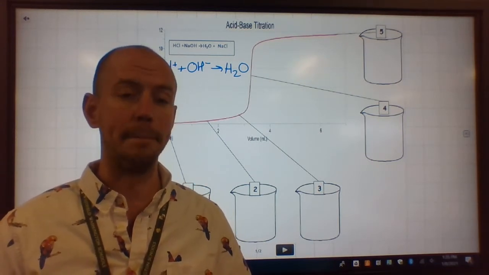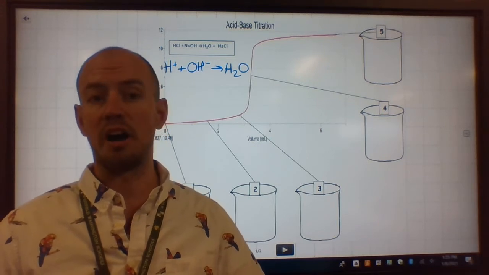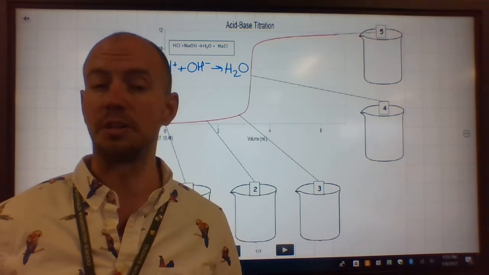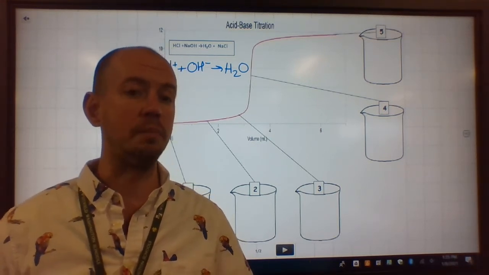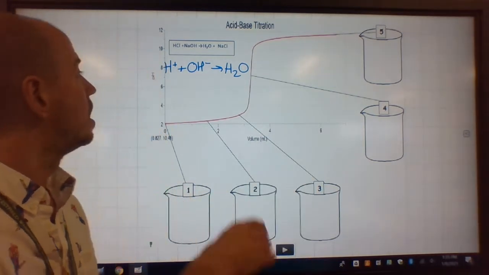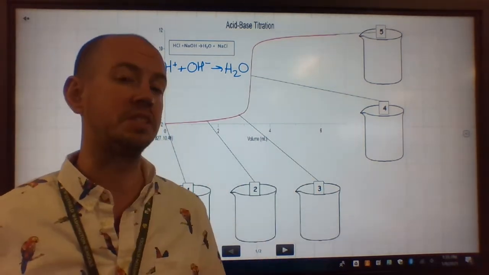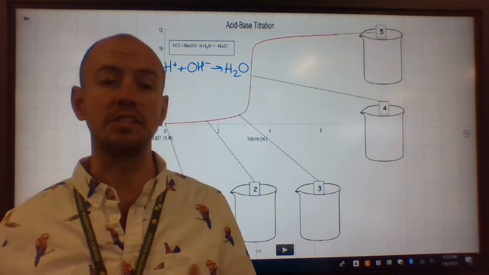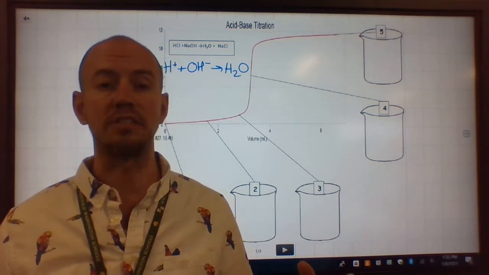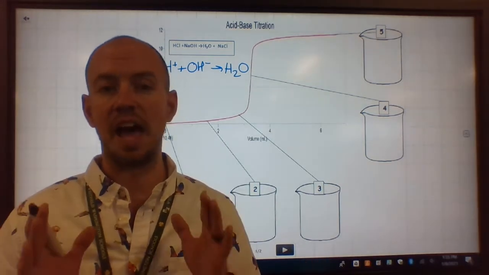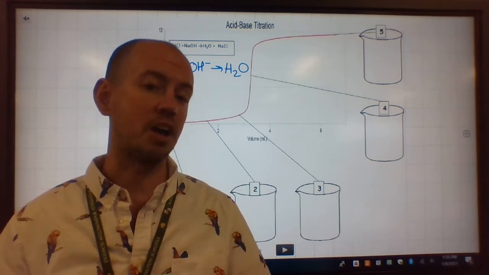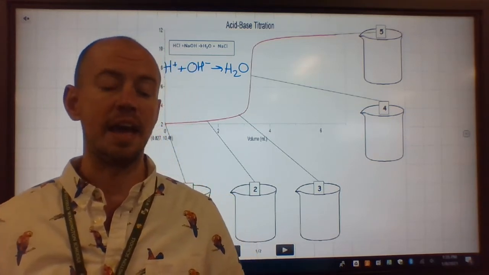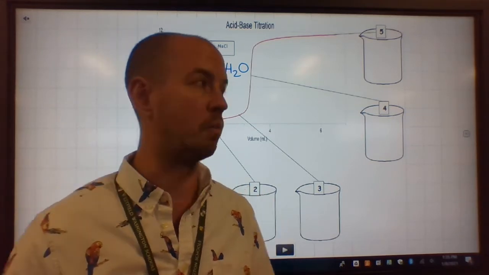So not just talking about millions or billions, we're talking about hundreds of trillions in terms of our value of K, and it's really big and it goes to completion. So whether we're talking about these specific strong acids and bases or any strong acids and bases, that is the net ionic equation, and that huge value for K is the evidence that it's going to be a one-way process.